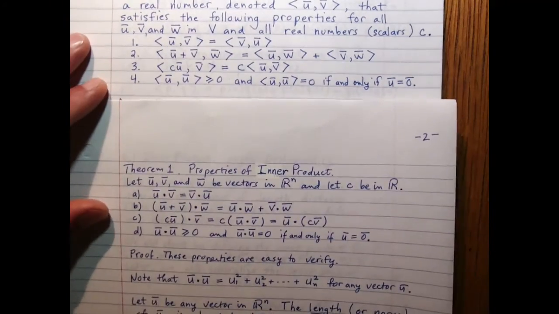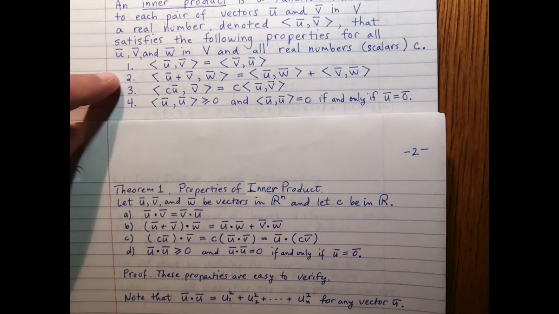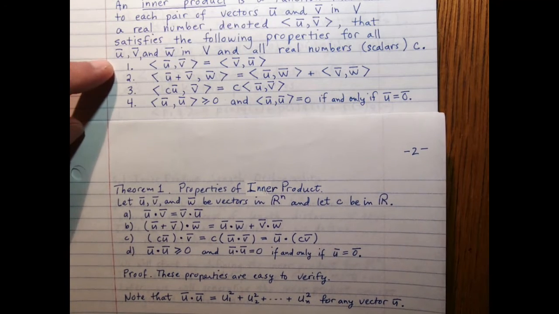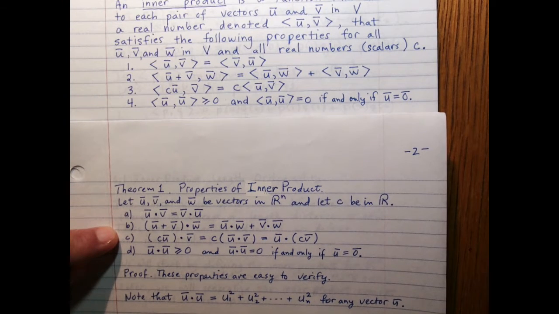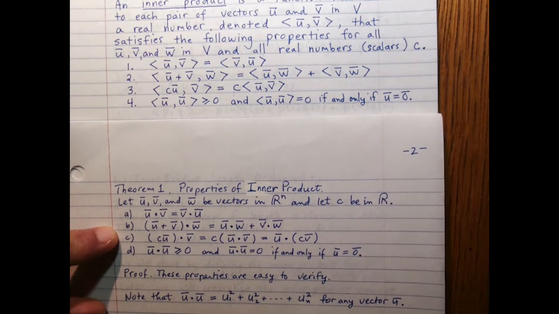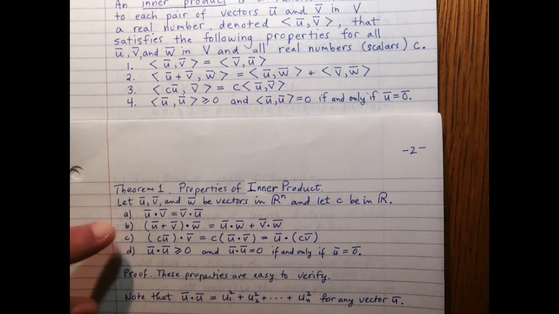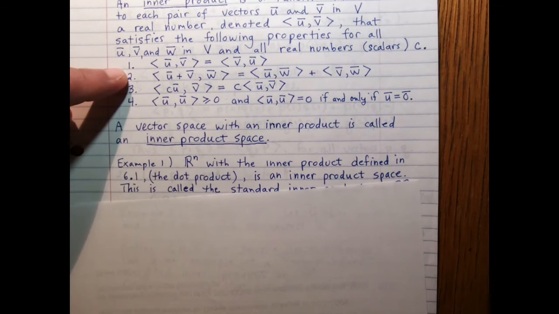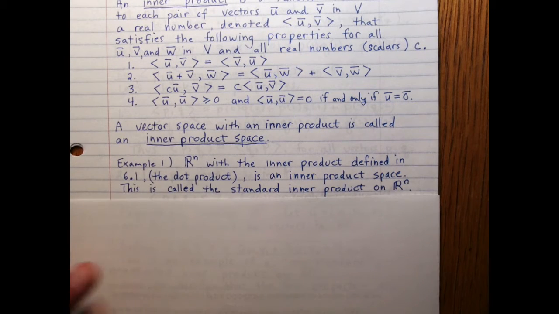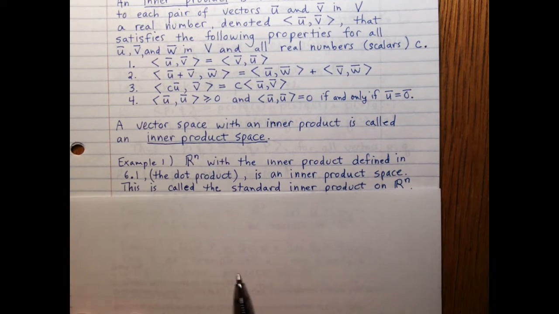Notice that this abstract definition now of inner product in 6.7, there are these 4 properties that correspond exactly to the 4 properties of dot product that we talked about in 6.1. In 6.1, we were only talking about Rn spaces. In 6.7, we're allowing the possibility of other kinds of vector spaces, other kinds of dot product, you might say.